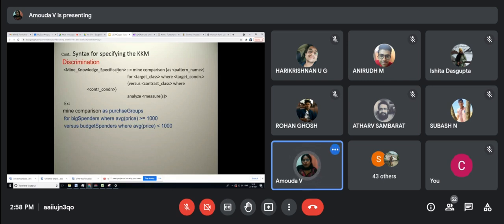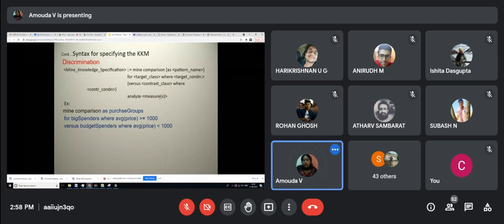This is the standard form of knowledge specification: mine comparison as pattern name. We have already seen that we need two things to compare: target class and its condition, contrast class and its contrast condition, and the analyze measure. So these are the standard form.